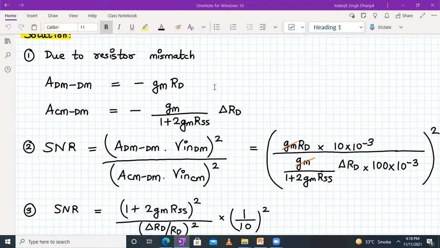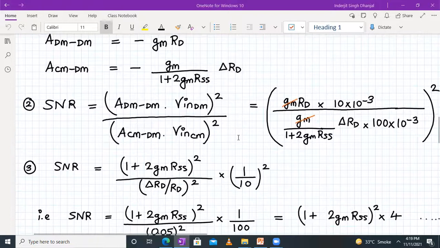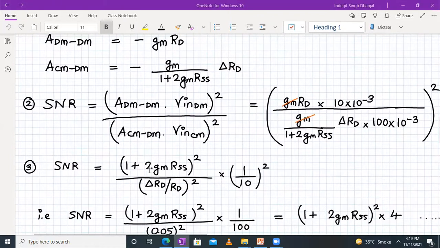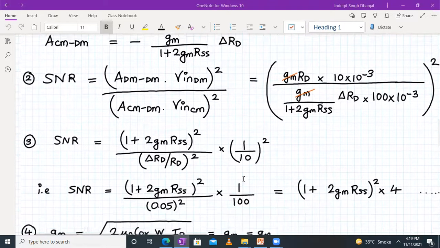Then GM gets cancelled, and Vin of CM, that is the noise voltage, is 100 millivolt, the whole square. So finally SNR will be 1 plus twice GM RSS, the whole square, divided by delta RD upon RD, the whole square, into 1 upon 10 the whole square. 10 divided by 100 will be 1 upon 10, the whole square.